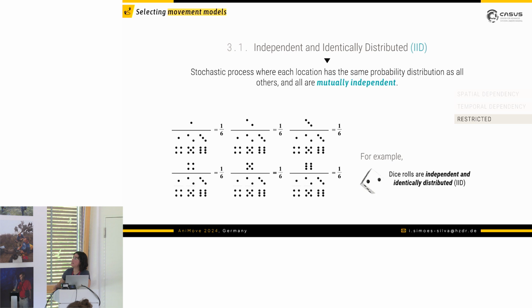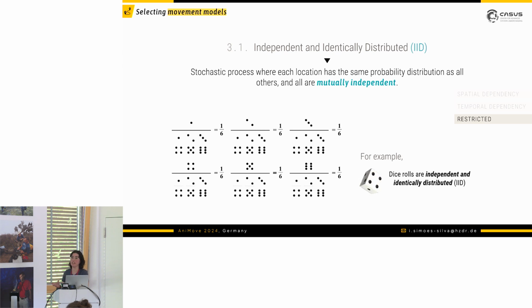So obviously the independent and identically distributed process essentially assumes independence. This is what would happen in some cases back in the day, which is what made some methods, like the MCPs and kernel density estimators, still work very well. If you sample once a month, maybe your data will be independent, so it doesn't really matter.